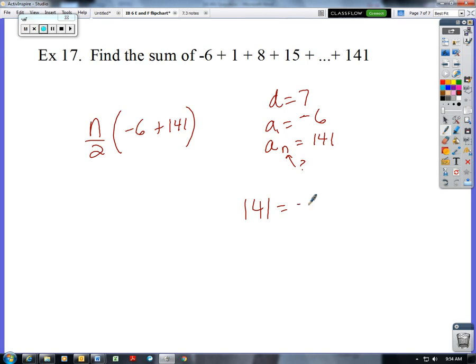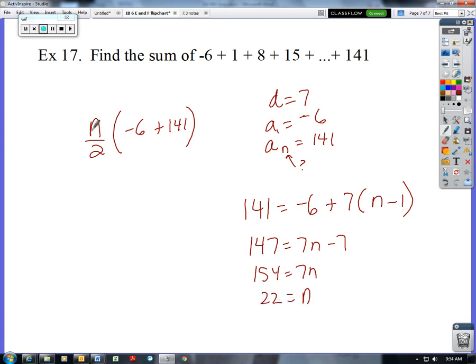141 equals the initial one plus the difference times n minus 1. Because we're trying to find n. Let's see, I'm going to add 6 across. 7n minus 7, add 7 across. 154 divided by 7 is 22.